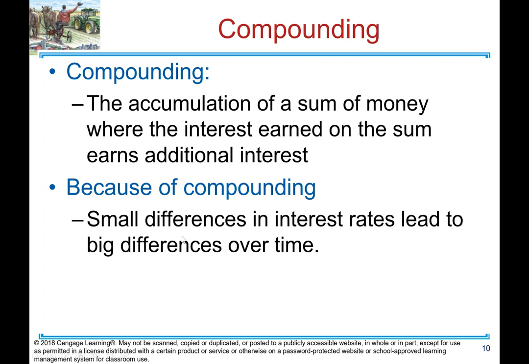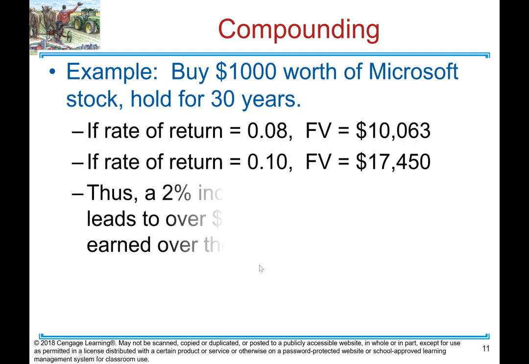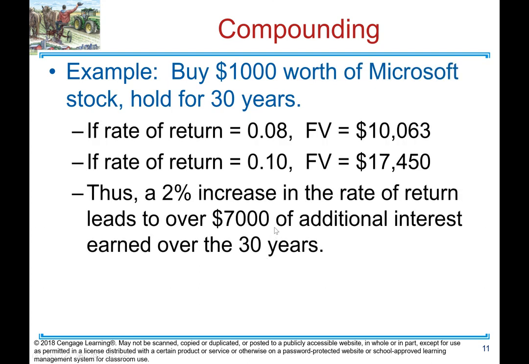Compounding. Compounding is the accumulation of a sum of money where the interest rate earned on the sum earns additional interest. Because of compounding, small differences in interest rate lead to big differences over time. For example, you buy $1,000 worth of Microsoft stock, hold for 30 years.